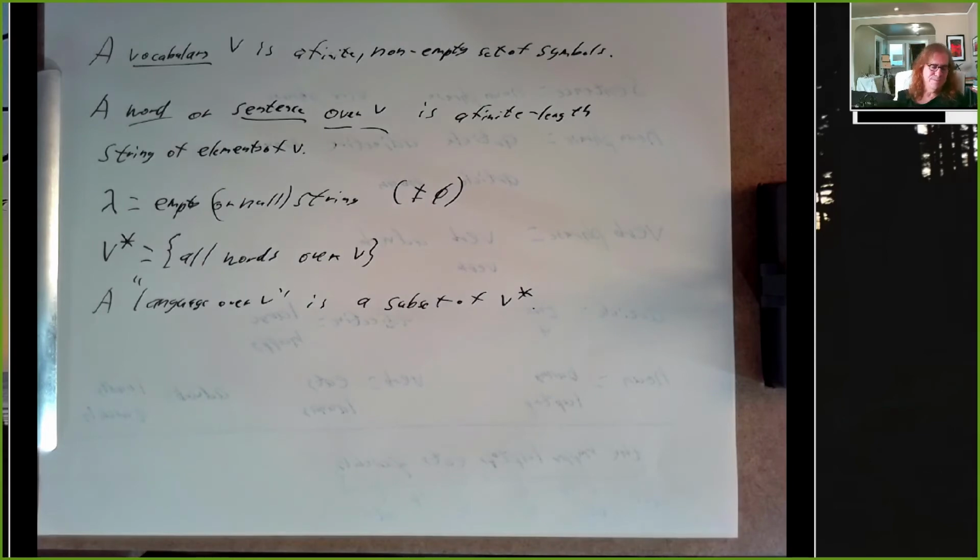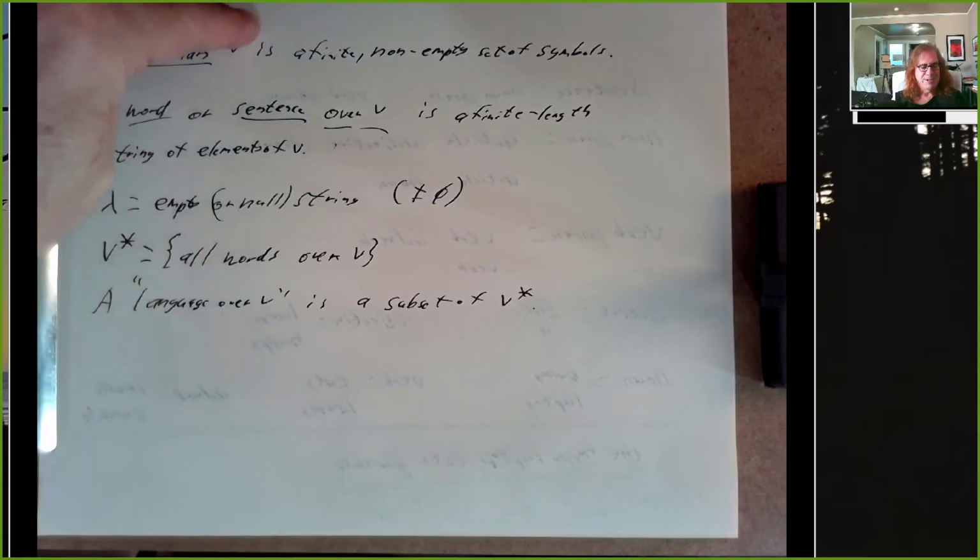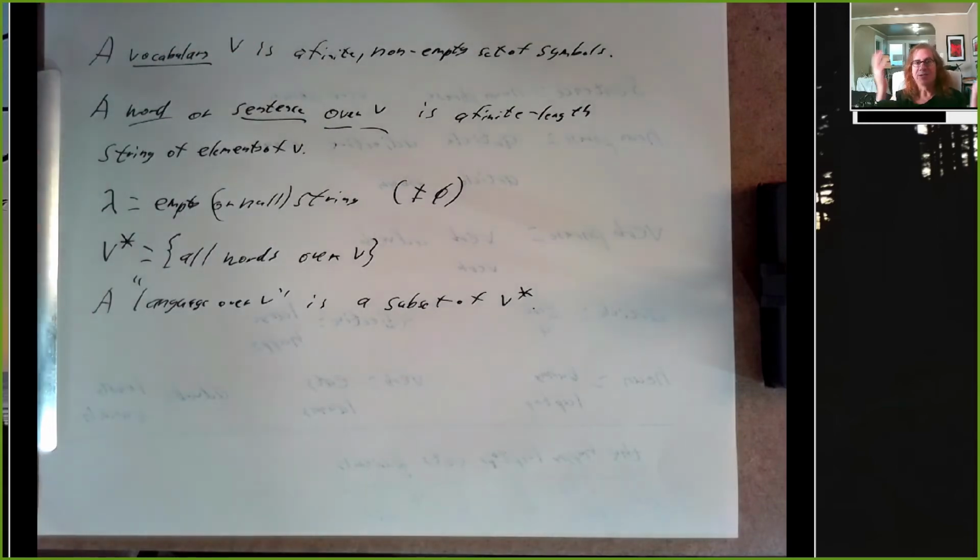So if we try to do this in analogy to the English language, for example, we could think of the vocabulary as the letters A through Z. A word is a collection of letters, right? With the possibility that there's a 0 length word. But it's just a collection of letters, right? It could be any collection of letters.